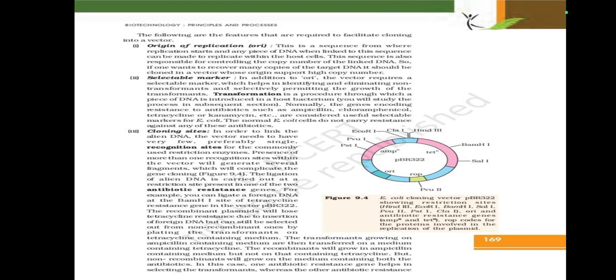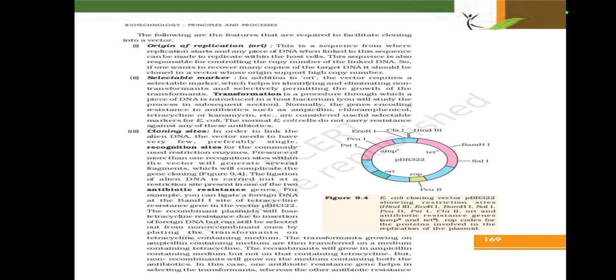The transformants growing on ampicillin containing medium are then transferred onto a medium containing tetracycline. The recombinants will grow in ampicillin containing medium, but not on that containing tetracycline. But non-recombinants will grow on the medium containing both the antibiotics.